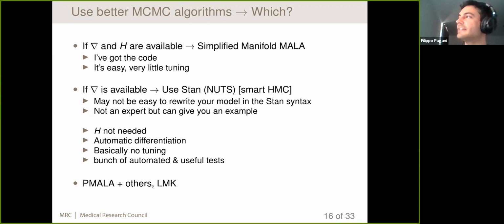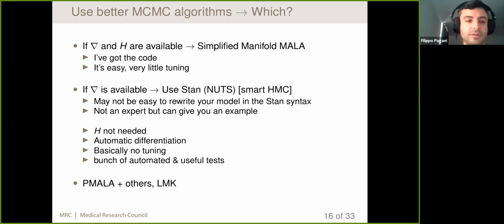Another good thing is that it doesn't require that much tuning. So once again, it's not that hard to run, and it's a smart algorithm and it works quite well. So there's really no downside to trying it if you do have the gradient and the Hessian available, and you've got to calculate them and code them up.